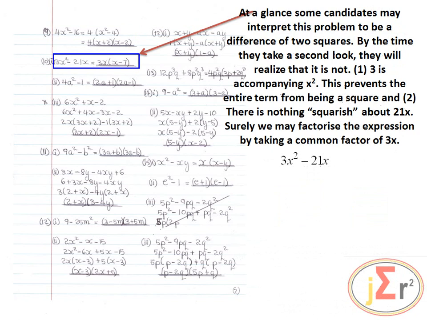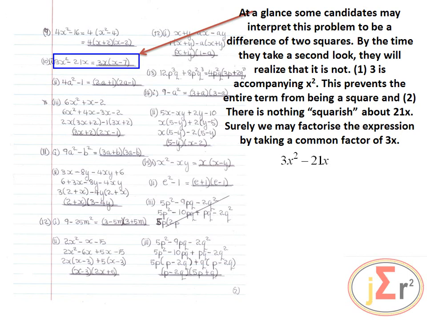At a glance, some candidates may interpret this problem to be a difference of 2 squares, and some will say, how is that possible? But it is quite possible under examination pressure and all of the other factors to be considered. By the time they take a second look, they will realize that it is not a difference of 2 squares.